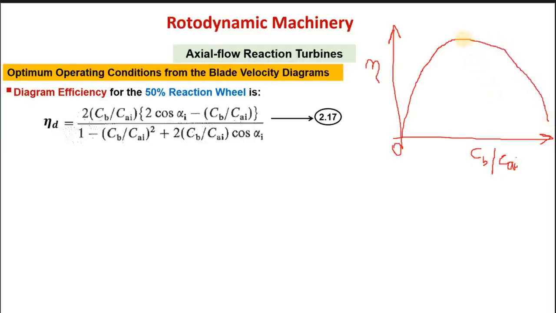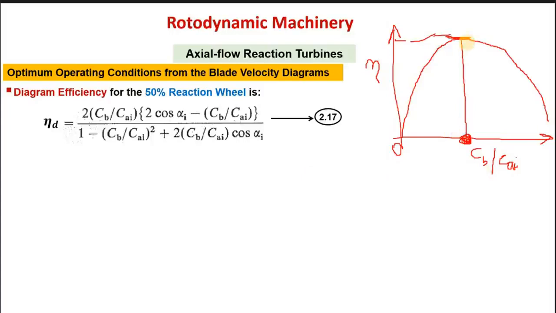And we are interested to know the point at which efficiency is maximum, which will give maximum diagram efficiency. So what is this point?